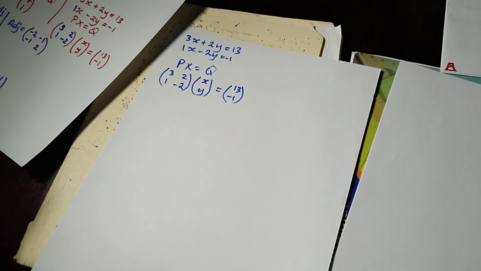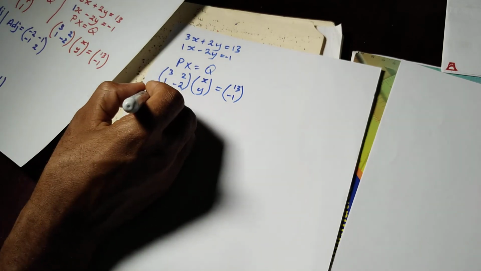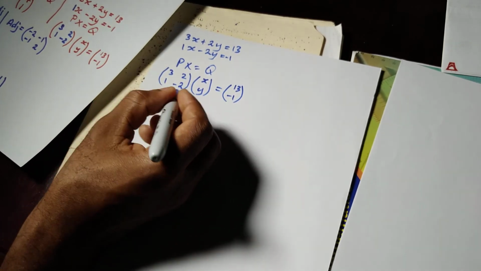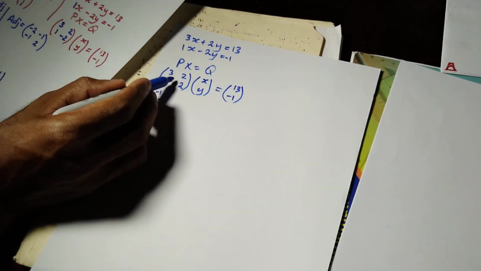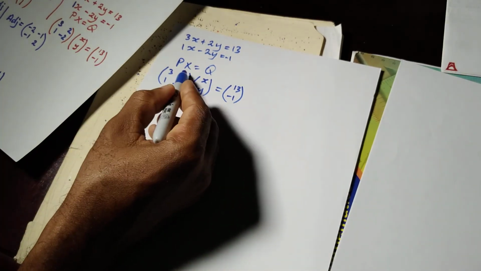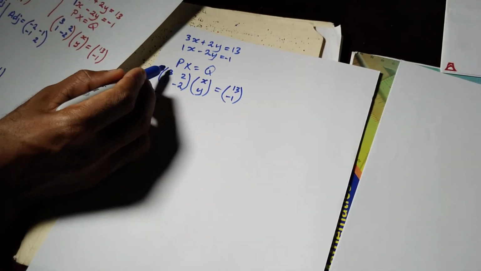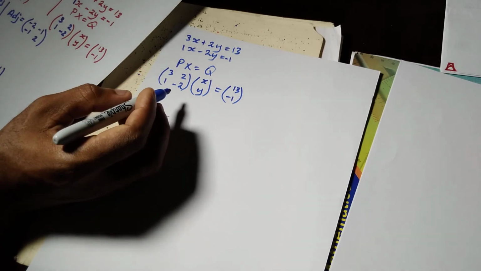Remember, the first thing we need to do is to find the inverse. P inverse is equal to 1 over its determinant, and the determinant is AD minus BC, times the adjoint. So right here, we're going to have 3 times minus 2, that's minus 6.